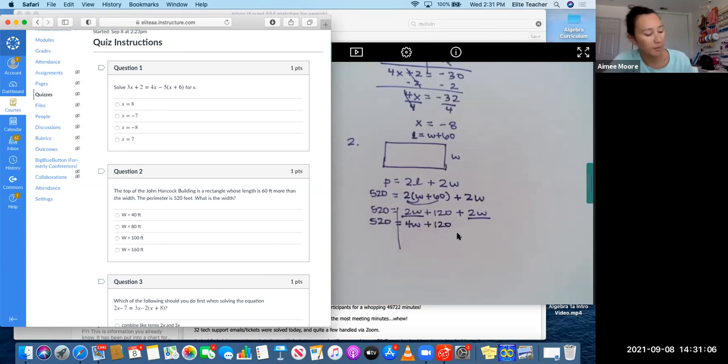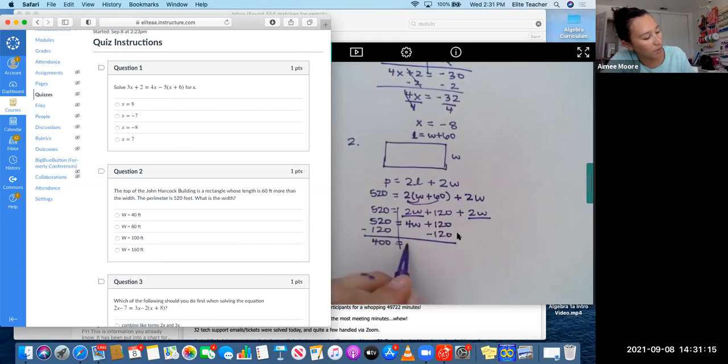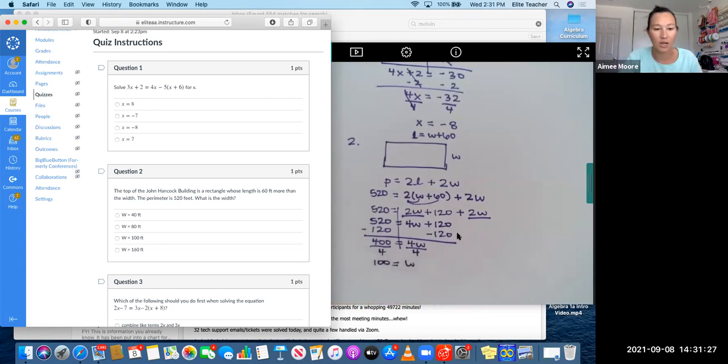And now we just solve for W. So we would subtract 120 from both sides, and we get 400 equals 4W. And we need to solve for W by dividing both sides by 4. And so W would be 100.